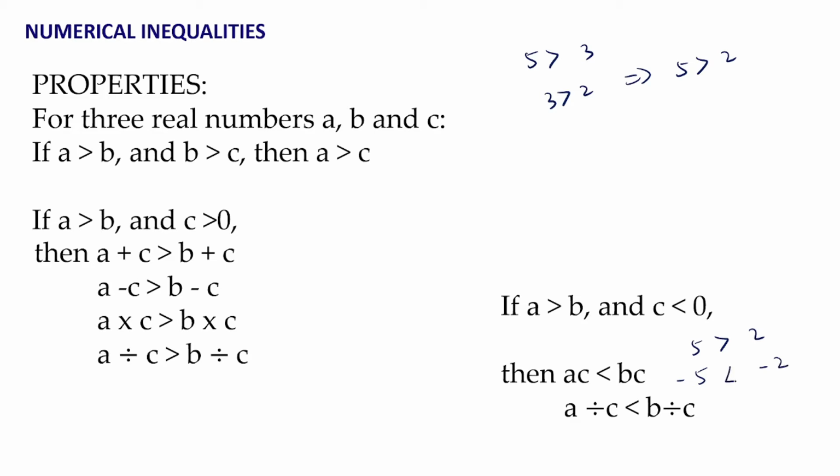Now -5 is less than -2. So when we multiply or divide both sides of an inequality by a negative real number, the sign of the inequality changes. Here we have 5 greater than 2, but if we multiply both sides by -1, we have -5 less than -2. So these are the properties of numerical inequalities.